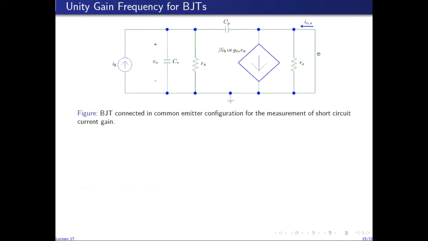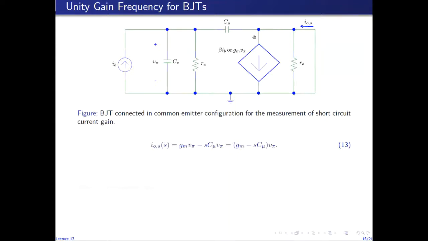The current going through this short circuit into the collector is denoted by I subscript O comma S. Because of the short circuit, we can realize that this end of C mu is directly grounded. So C mu is actually in parallel with C pi and R pi.